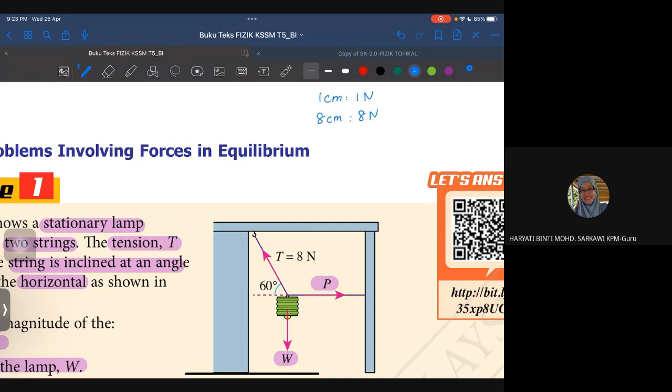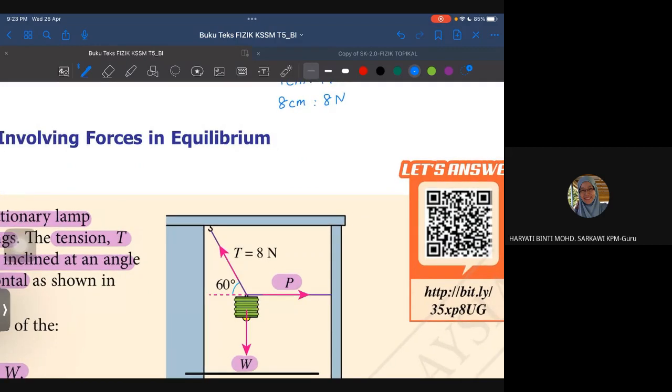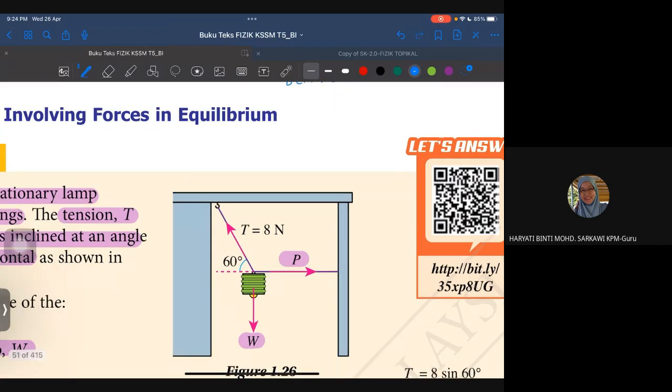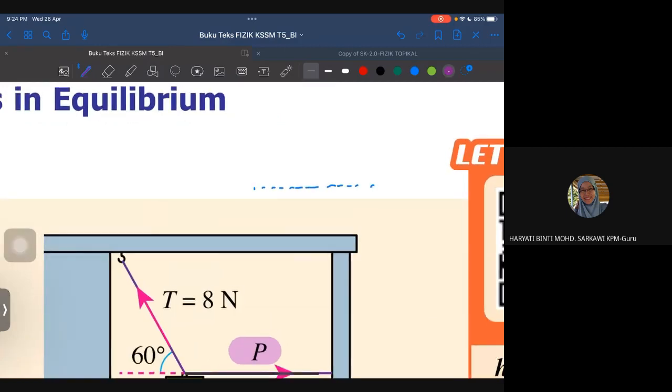So how do you draw T? Since there is an angle here, you must draw your reference line first. So 60 is 60 degree to the horizontal. That means you need to draw like this. You draw your reference line, horizontal. You measure, let's say you start from here. Just mark one point.